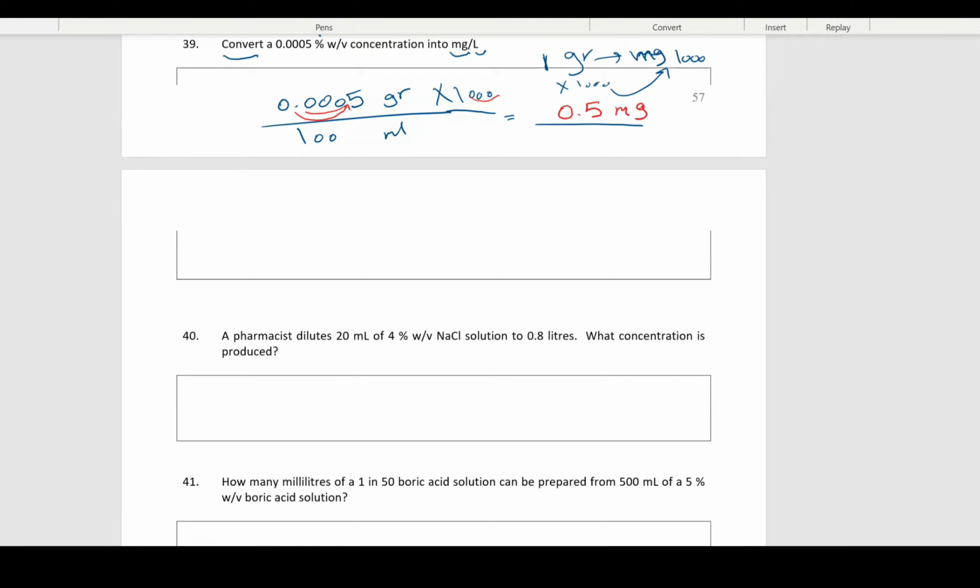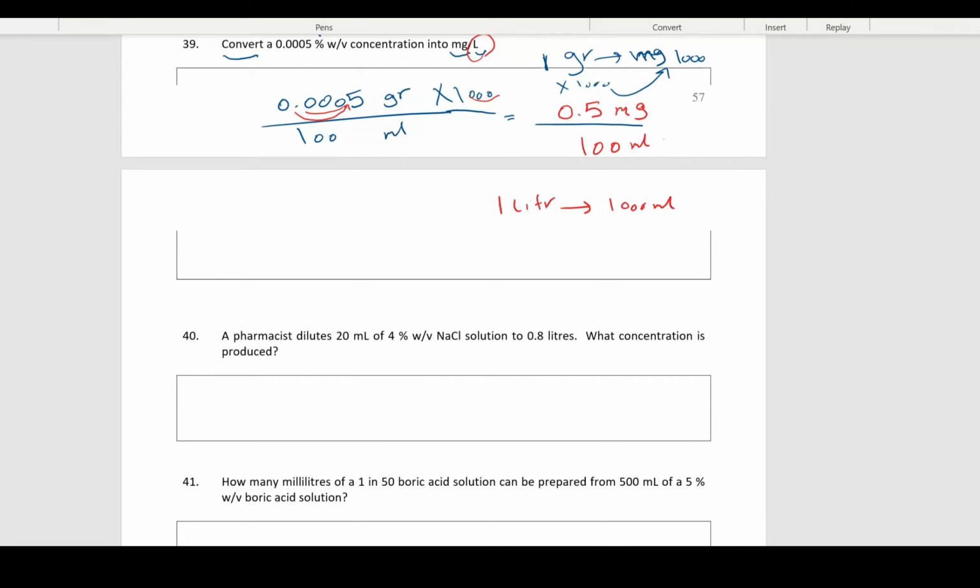And we also have milliliters here. 1 liter is equal to 1,000 milliliters.